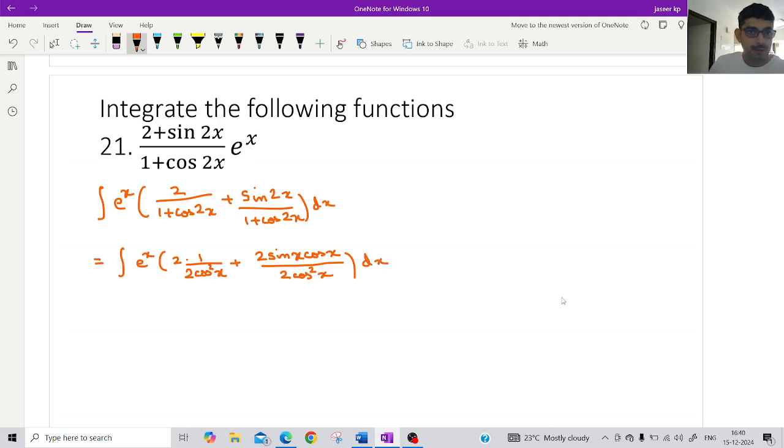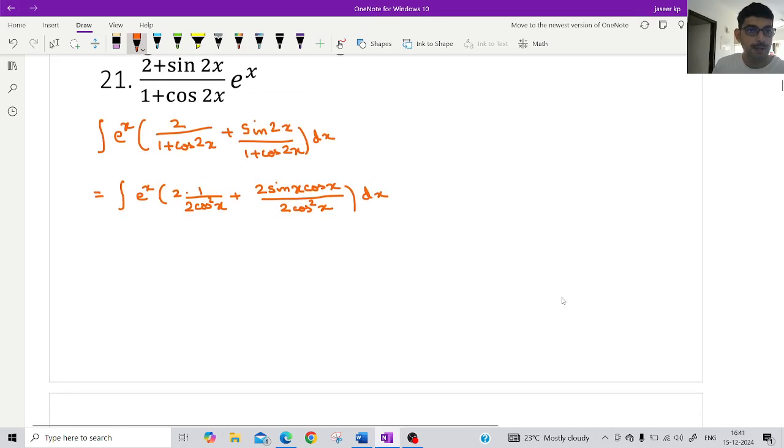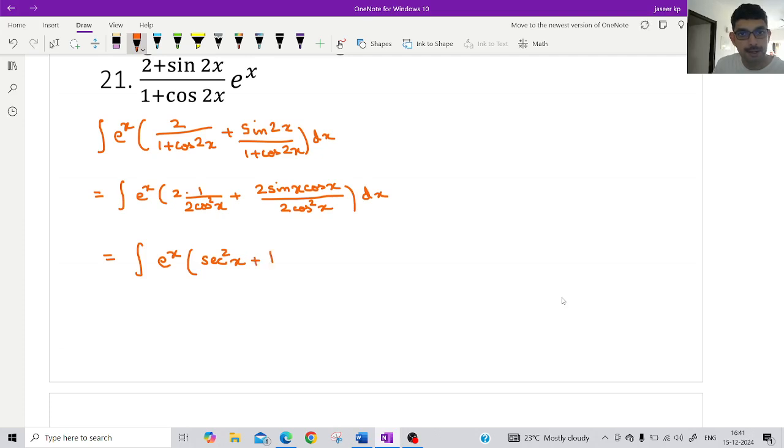Now further simplifying, this will become e power x, and the 2 and 2 get cancelled. 1 by cos square x is secant square x, and this will simplify to plus tan x, dx. If you observe, this is of the form integral e power x, f of x plus f dash of x, dx.